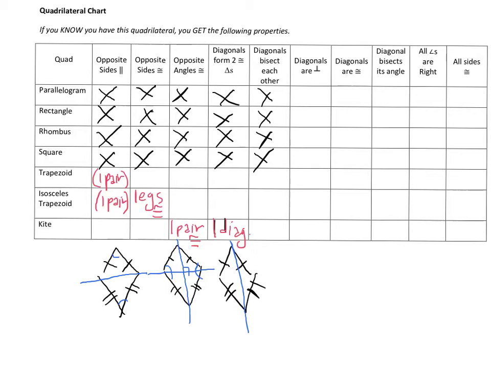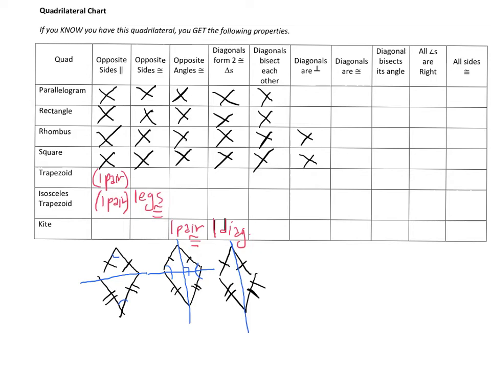Diagonals are perpendicular, that was a property of a rhombus, which is therefore a property of a square. And we knew that because of those congruent sides is what makes that work to be a right angle.